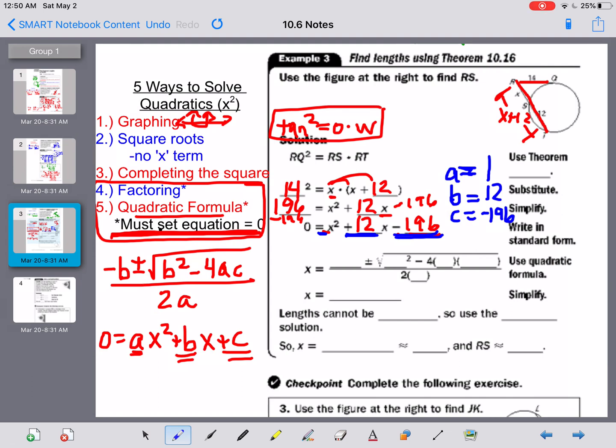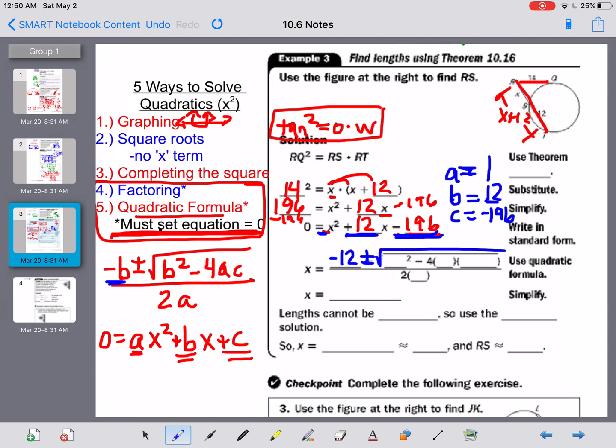Okay, by the way, I like to say negative b to start out with. Your teacher or who you learned this off of may have said opposite of b. It doesn't matter which way, they kind of go the same way. So I take my b, which is 12, and I go opposite. So I have negative 12 out front. This plus minus is always there. It's part of the formula. Big square root. All right, I'm plugging in b again.